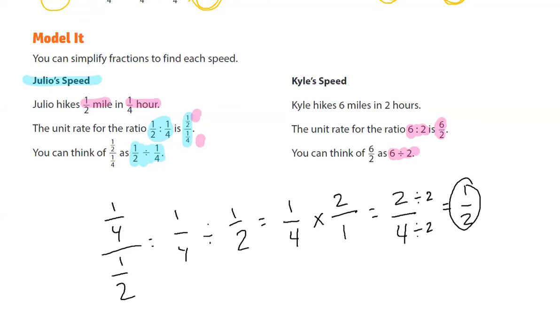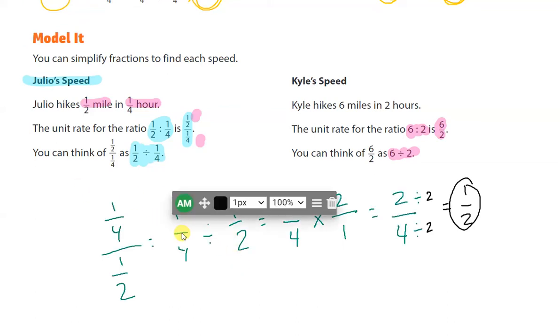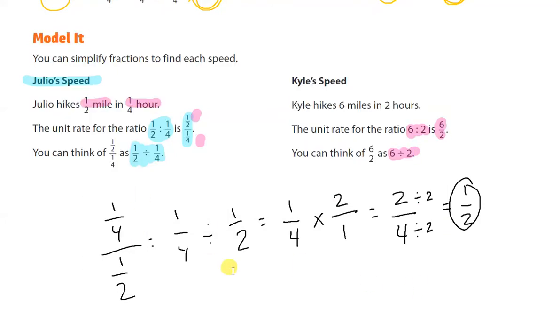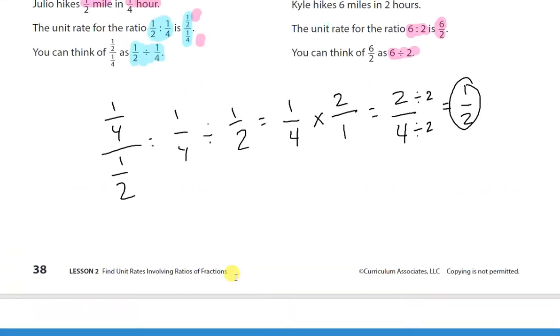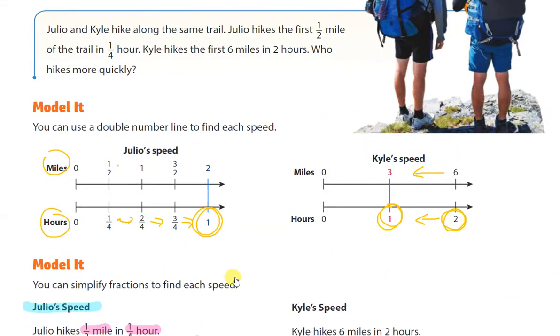Let's see, can I move that whole thing? Is the whole thing connected? Oh, almost. Nah, I'll leave it there. Okay, so the double number line method. I didn't use the double number line method though. I guess you just look at it the other way around. I could have just gone up here if they want the double number line. So in this case, you'd go to hours per mile.